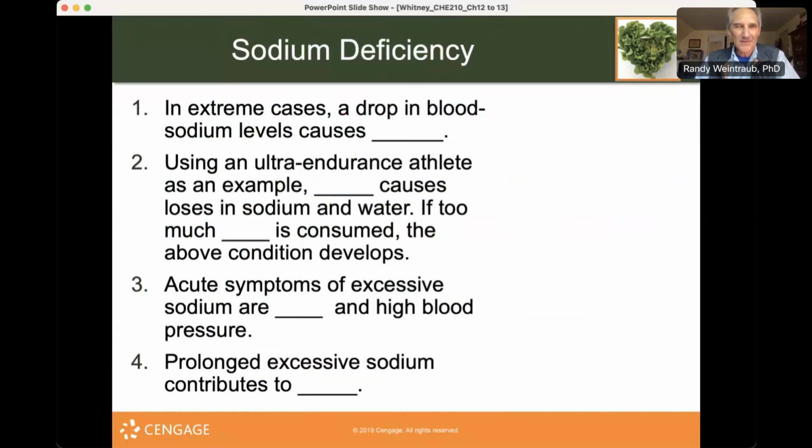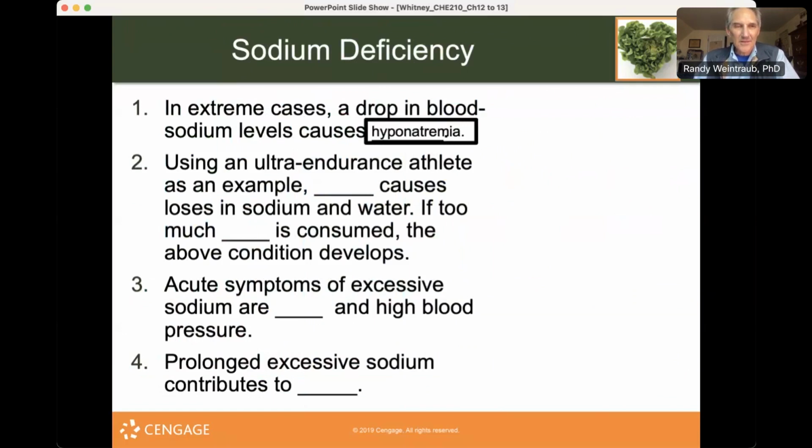In extreme cases, a drop in blood sodium levels causes hyponatremia, or low sodium. That can happen, and we mentioned a few cases earlier, such as vomiting and diarrhea.